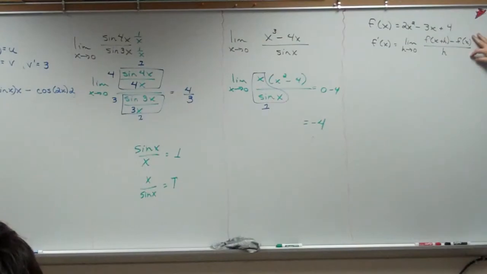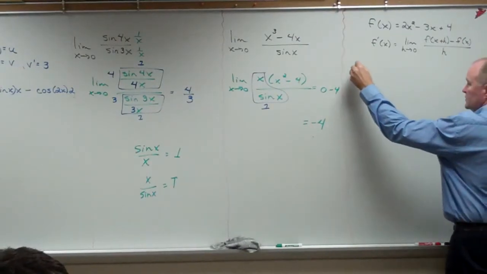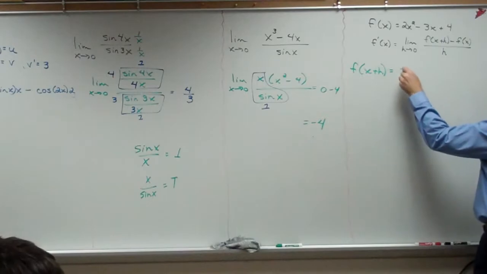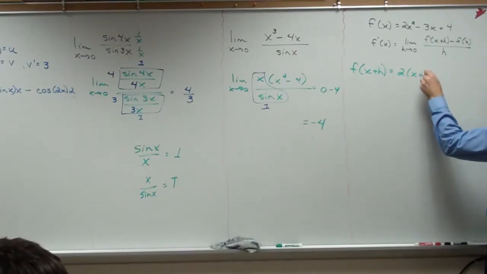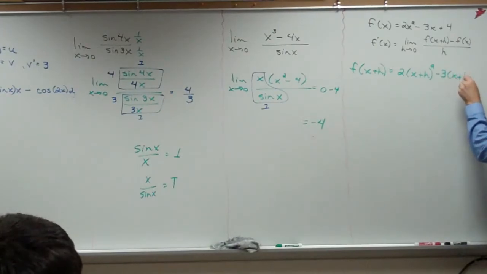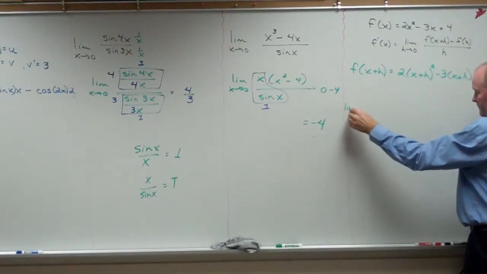Now, the bigger one, limit definition. I'll give you the limit definition on the board on Thursday. You need to find f of x plus h every time. Wherever I see x, I'm going to put x plus h. It's going to be fairly lengthy, and I'm going to save myself some time.